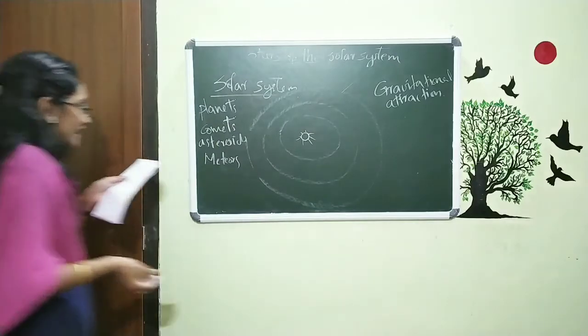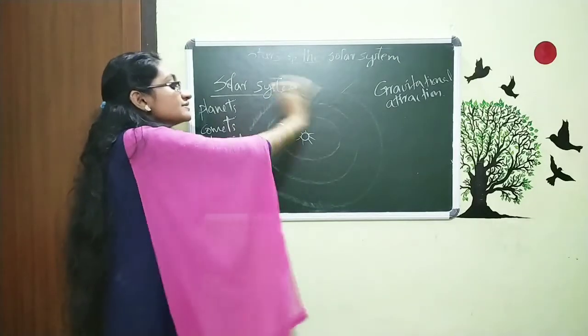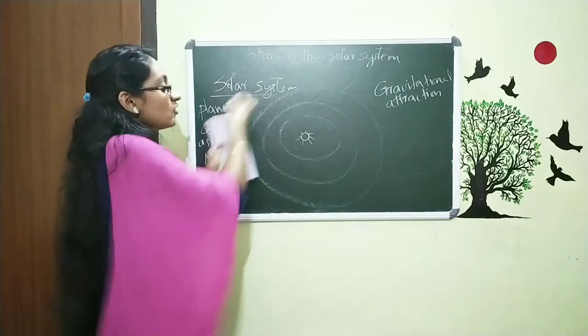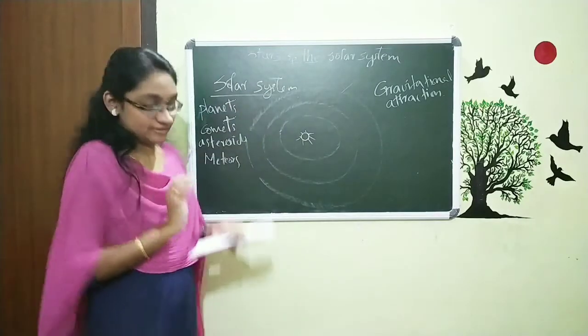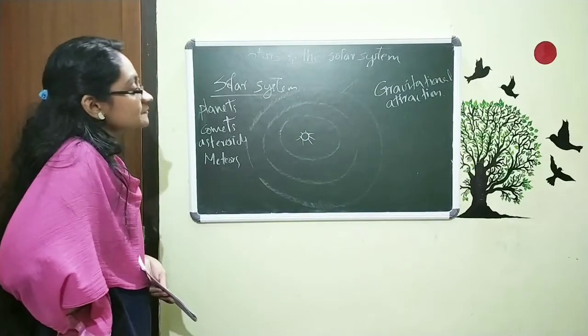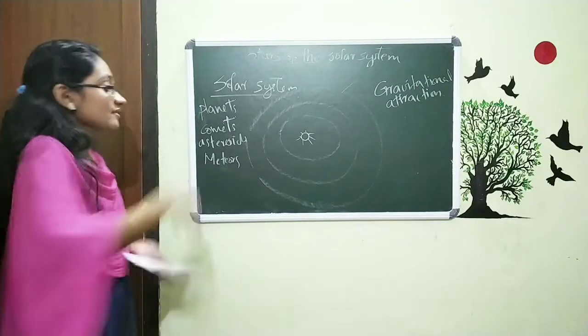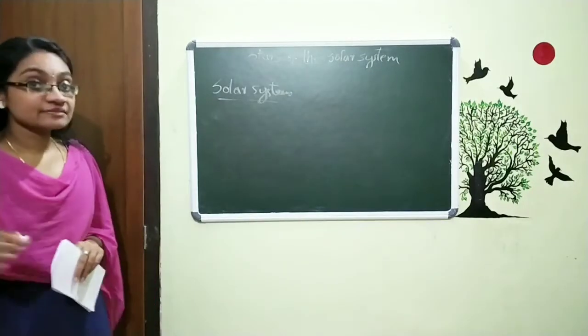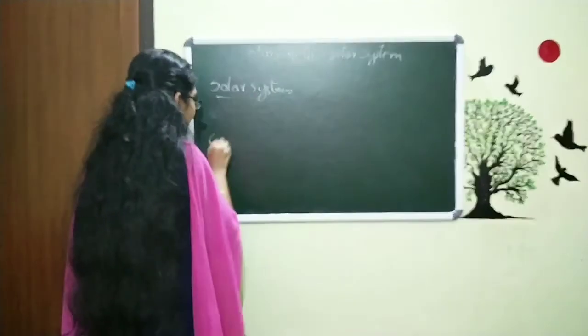The next thing is that our earth is also revolving around the sun, and we are also revolving around the sun with this earth. Now we want to study the names of the planets that rotate and revolve around this sun. In the solar system, the sun is at the center.